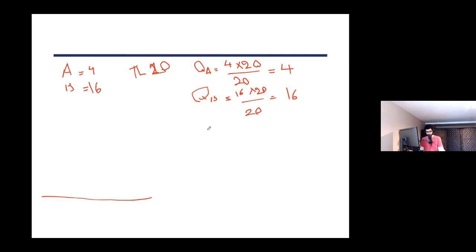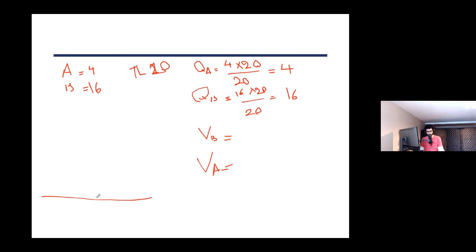We need to keep track of virtual time for B and virtual time for A, which is basically the actual time divided by weights. Now, initially, both of them are 0, right? So we have to apply a tie-breaking rule. Let's decide that A should get time. Randomly, let's say we pick A.